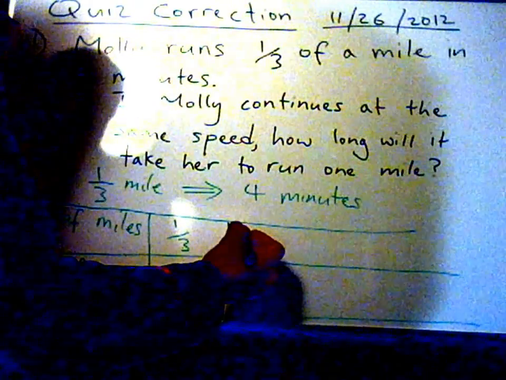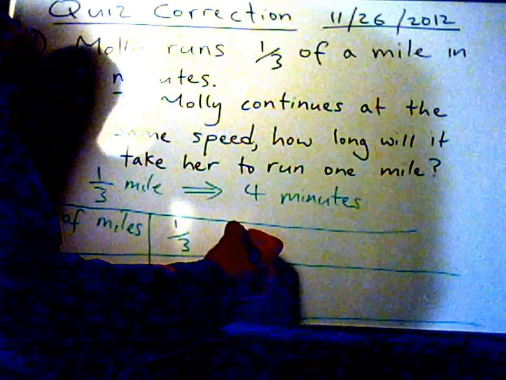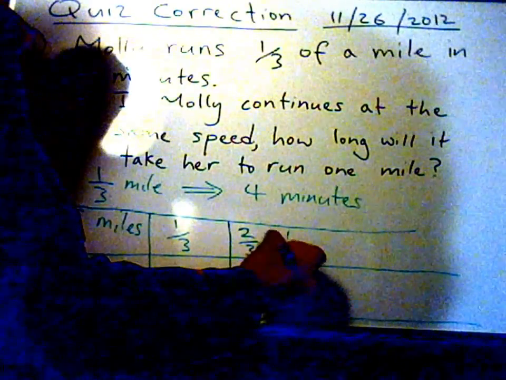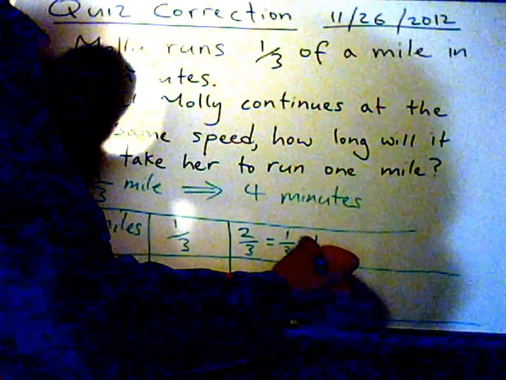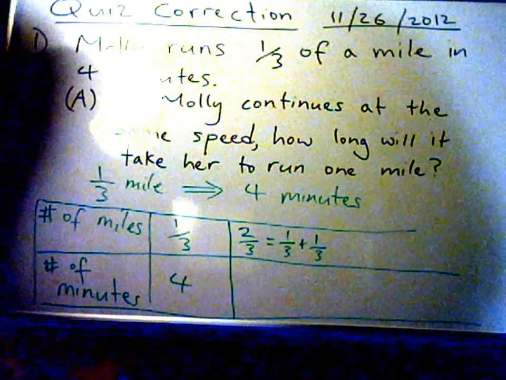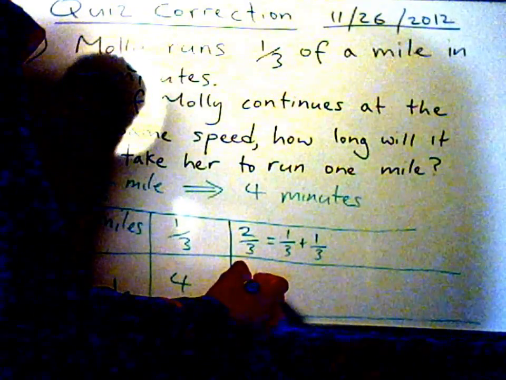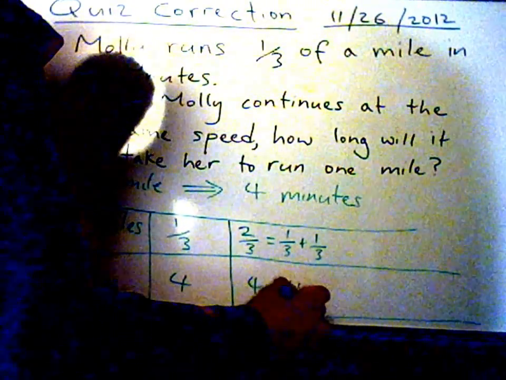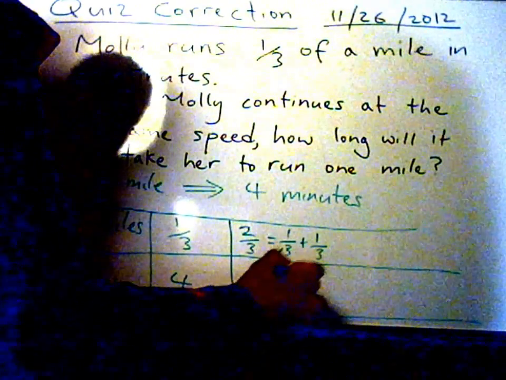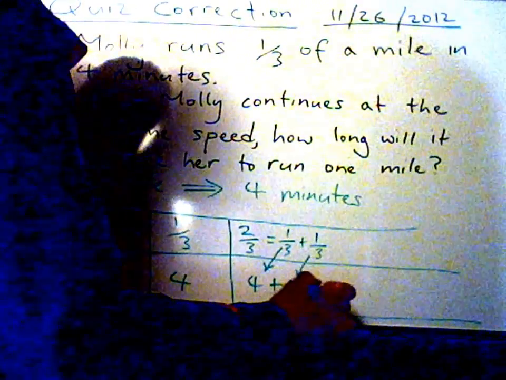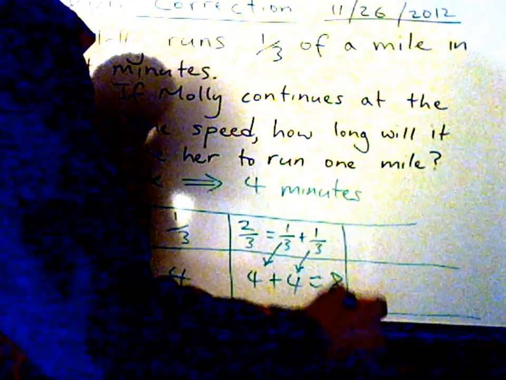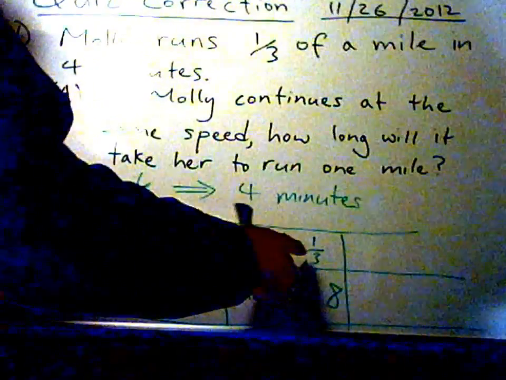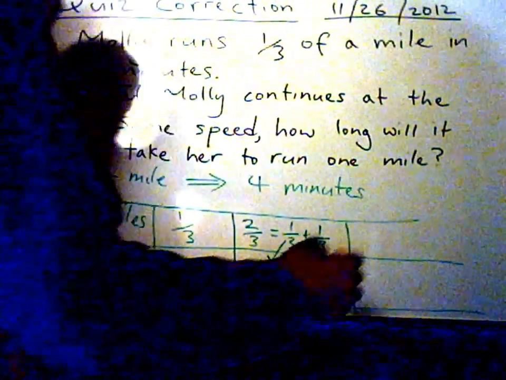So 2/3 is the same as 1/3 plus 1/3, and that would be 4 plus 4, equal 8 so far. So far she runs 2/3 of a mile and it took her 8 minutes.